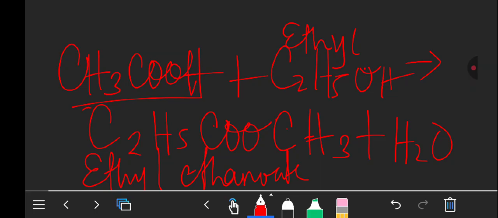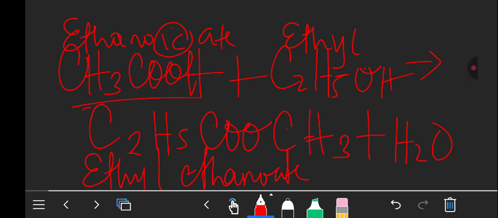Then the acid, ethanoic acid, will adopt OATE. Since it was ethanoic, we remove the IC and replace it with ATE.